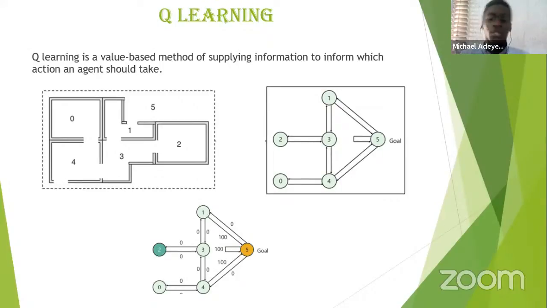Places where it's 100 are the places on the shortest route for it to pass. From 4 to 5 is direct, but from 5 to 4 is 0. So this is what Q-Learning does. It supplies information to the agent on actions to take.